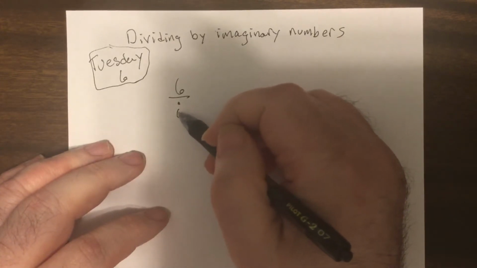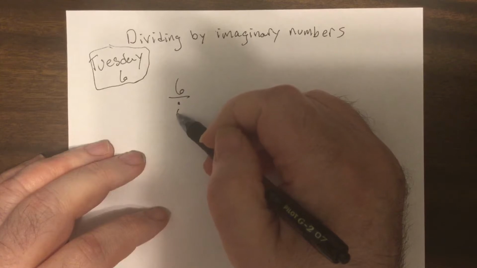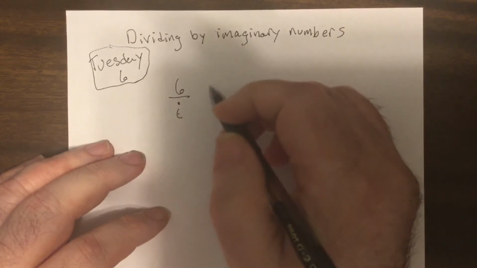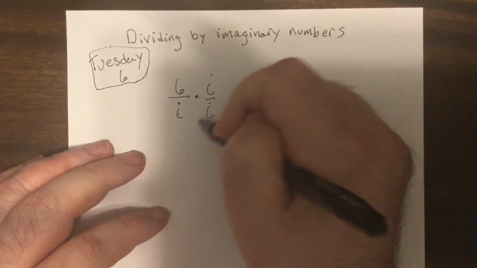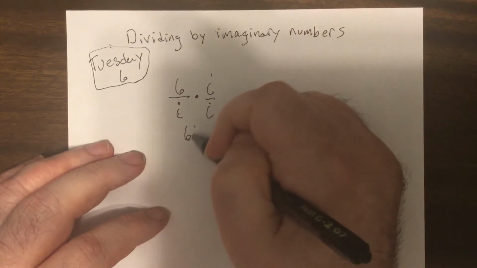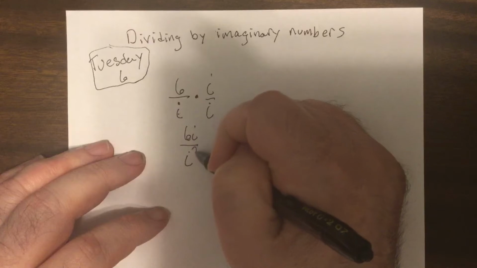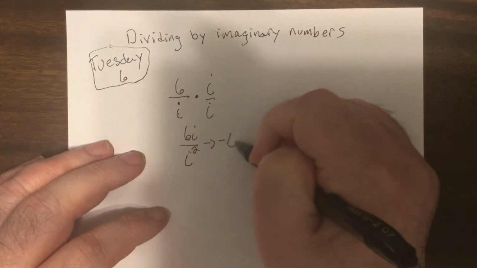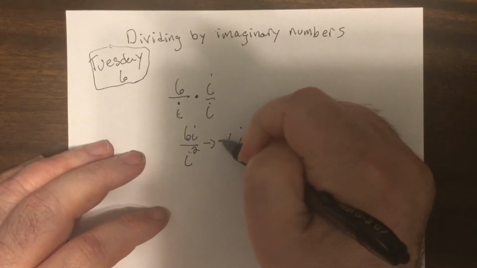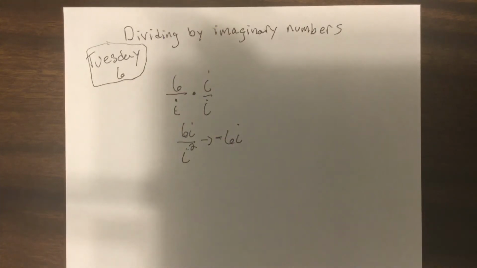So what would you multiply i by so that the i would disappear? Well, it'd be i. Because if you remember, it'd be 6i divided by i squared. And i squared is -1.